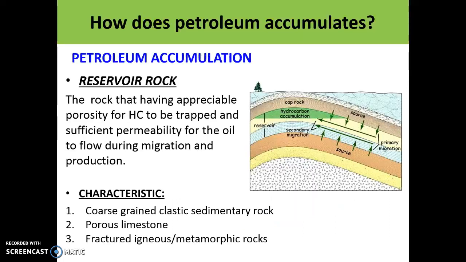Okay, next, how does the petroleum accumulate? This is the last stage of the petroleum system, the last process in the petroleum system. During the accumulation, there will be preservation, right?